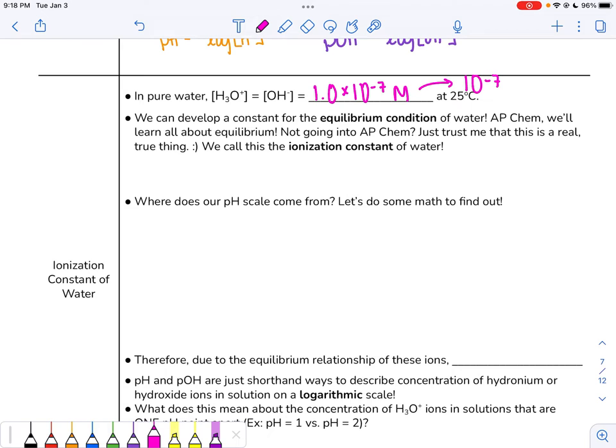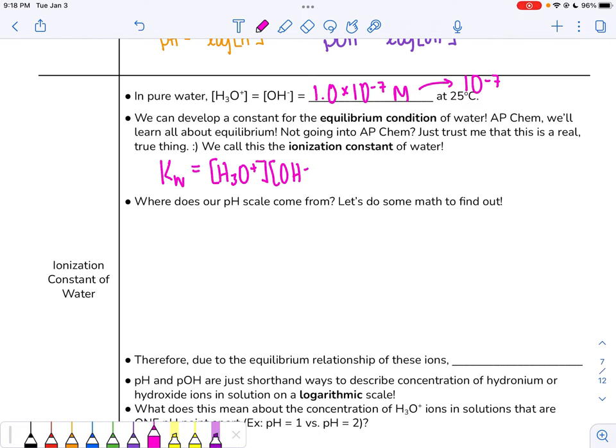So for right now, just trust me that it exists, and trust me that this is how we write equilibrium constants. For this one specifically, it's called the ionization constant of water because that is exactly what it's describing. We're going to call this ionization constant Kw, capital K, subscript W.